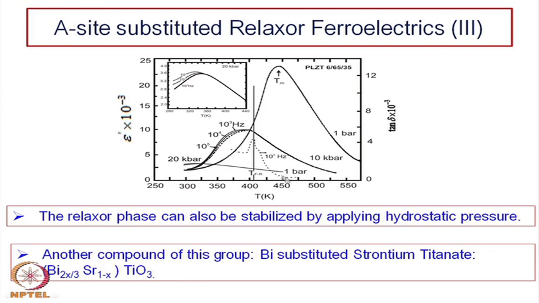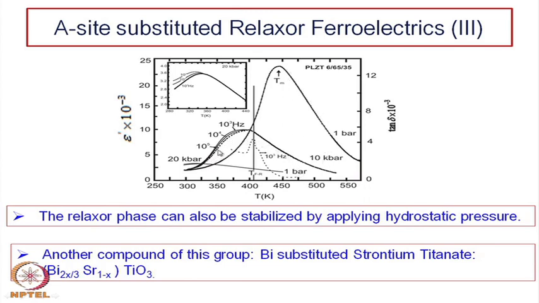This is 1 bar pressure and that is 10 bar pressure. Okay. This is also 1 bar. You can see here it is about 6 atom percent PLZT. This is 1 bar and this is 10 bar.